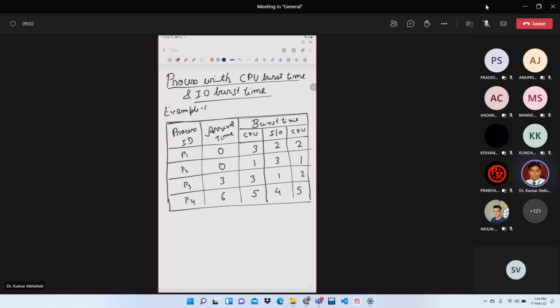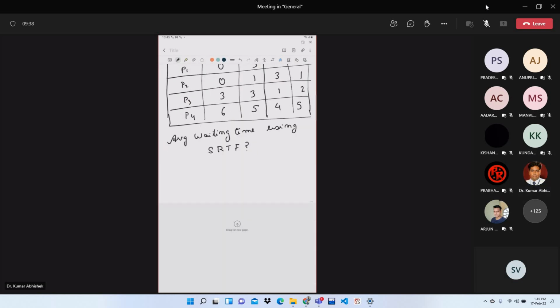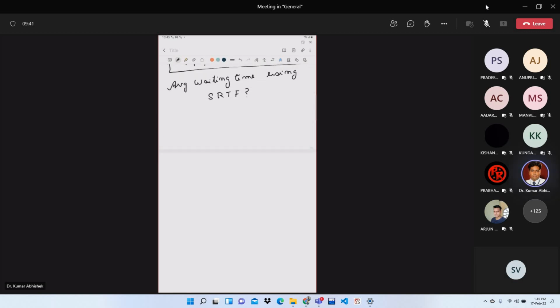Let us say, what will be the average waiting time using SRTF here. So now this we need to solve. Let us take this one.